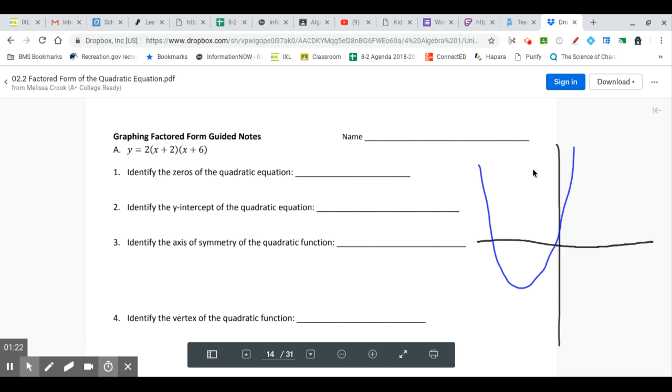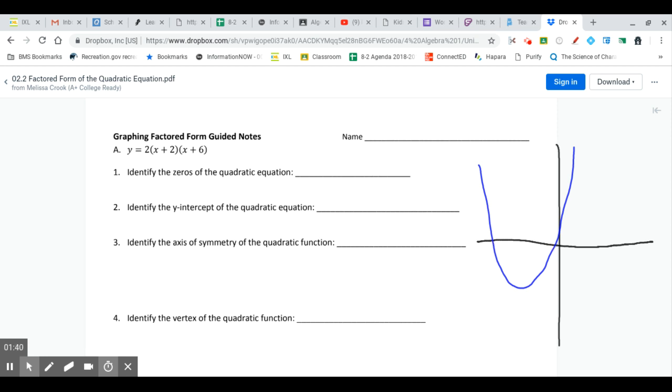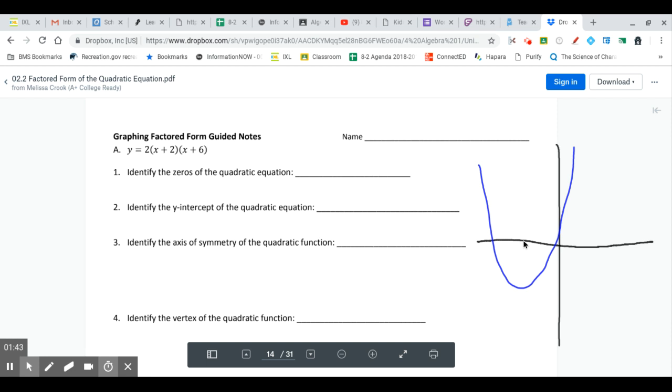Well, y'all told me before that it's in the middle, but you can't see the whole parabola because all you have is the equation. Okay, all you have are the zeros. So if you know where this point is and you know where this point is, could you figure out where the middle of the parabola is? Okay, and that's where the axis of symmetry is located.